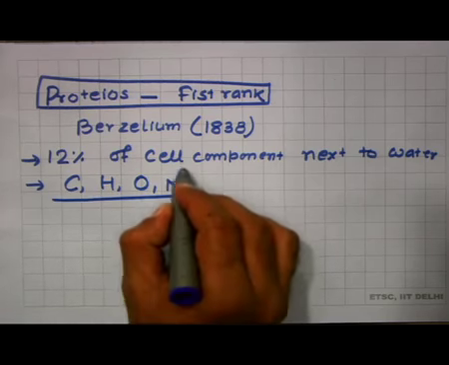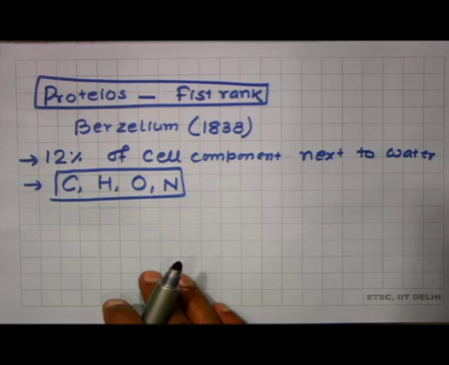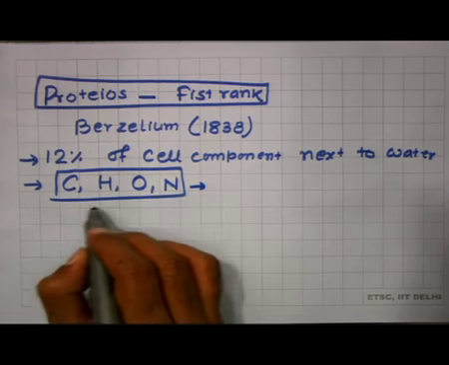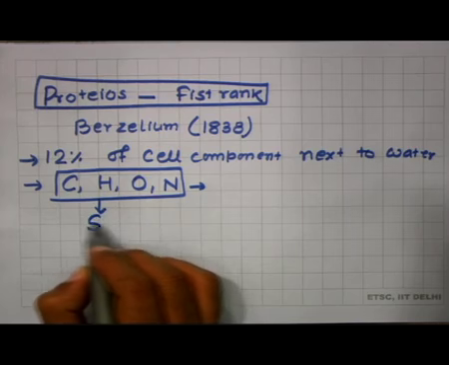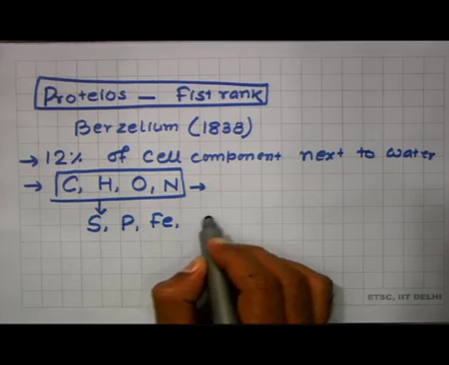This is very common, present in all types of protein. Besides these, the protein molecule contains sulfur, phosphorus, iron and other elements.